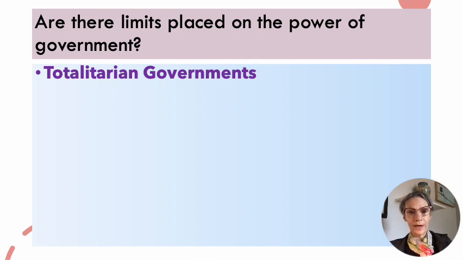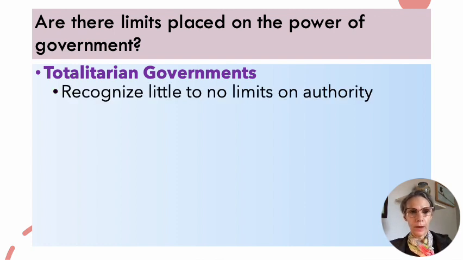So a totalitarian government is called a totalitarian government because it basically has total control over its people, okay? And so a totalitarian government really recognizes little to no limits on its authority. If the government wants to do it, it will do it. And it exercises its authority and power in ways that are beyond just passing laws, right?